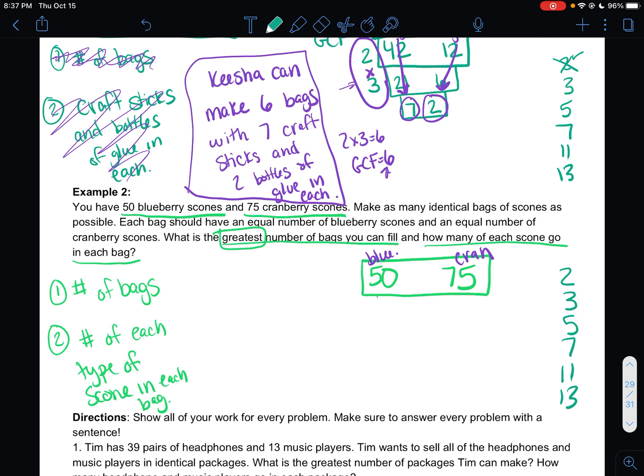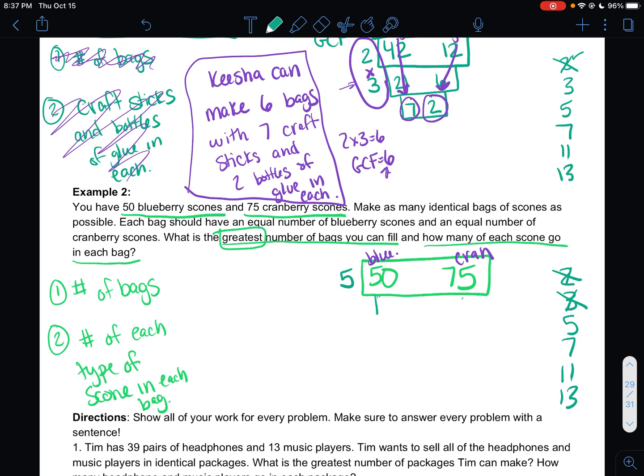So 50 is divisible by 2, but 75 is not, so I can't use it. So then I need to move on to 3. And 50 is not divisible by 3, even though 75 is. So can't use 3, but 5. Both of those are divisible by 5.